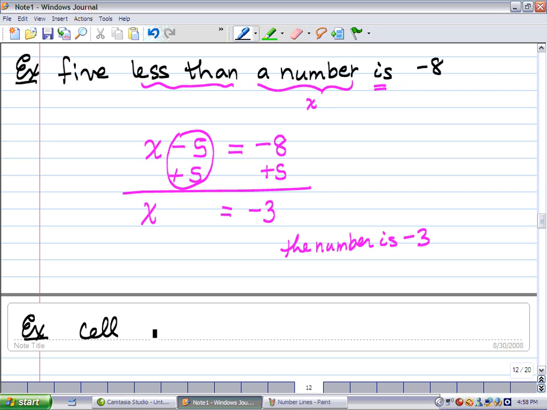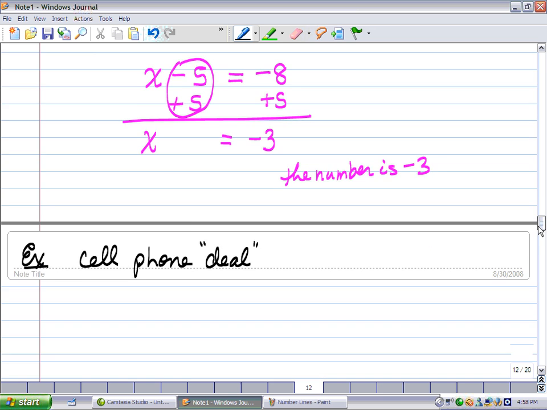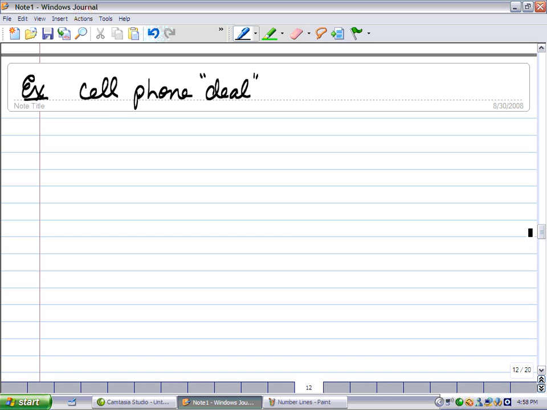Okay, let's look at an example where something like this could be used. Let's suppose you had a cell phone deal. We'll decide whether you think it's a good deal or not. Let's suppose you had a cell phone deal that charged $20 per month plus 8 cents per minute.